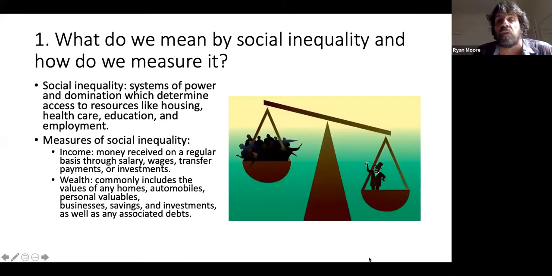Okay, so for this first question, what do we mean by social inequality and how do we measure it? So we're going to start by using an operational definition of social inequality as a system of power and domination which determines people's access to resources like housing, healthcare, education, and employment.